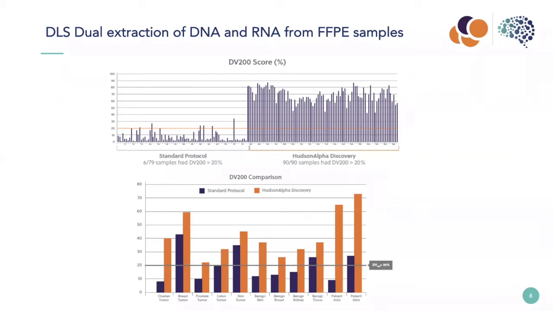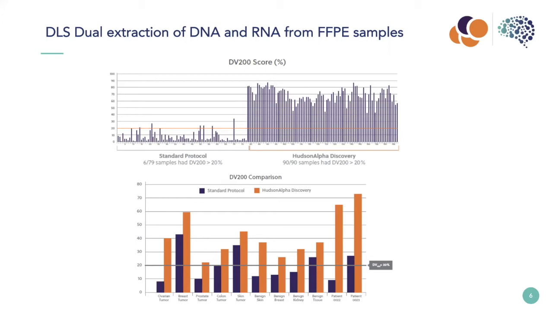Contrasting to the right-hand panel of the same slide, where 90 of 90 samples had a DV200 of greater than 20%. And you can even see that a significant fraction of those samples were in excess of 50% DV200, and even a subset greater than 80% DV200. So this was a variety of tissue types, a variety of cancer types.